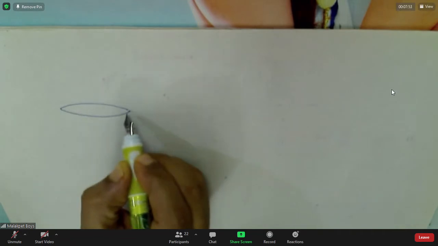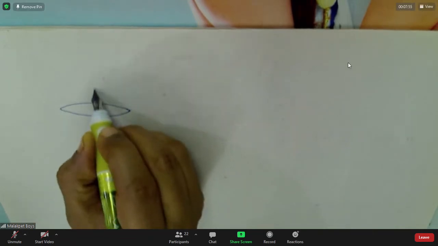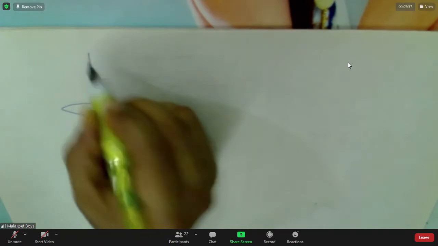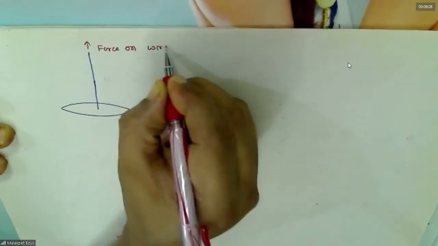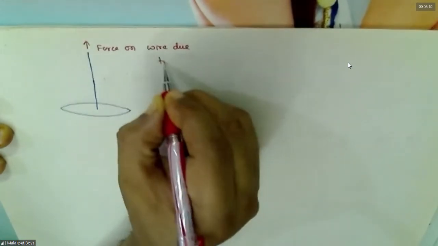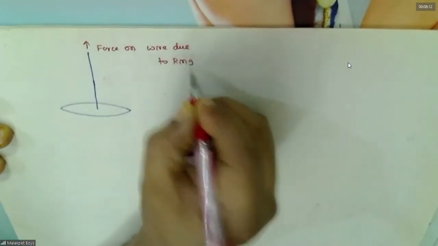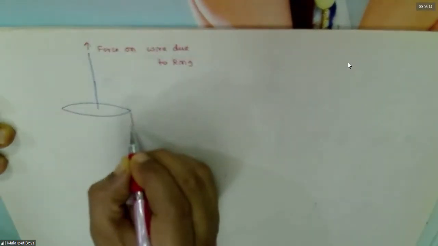So, in conclusion, the wire shows force on the wire. Actually, this is the force on the ring.